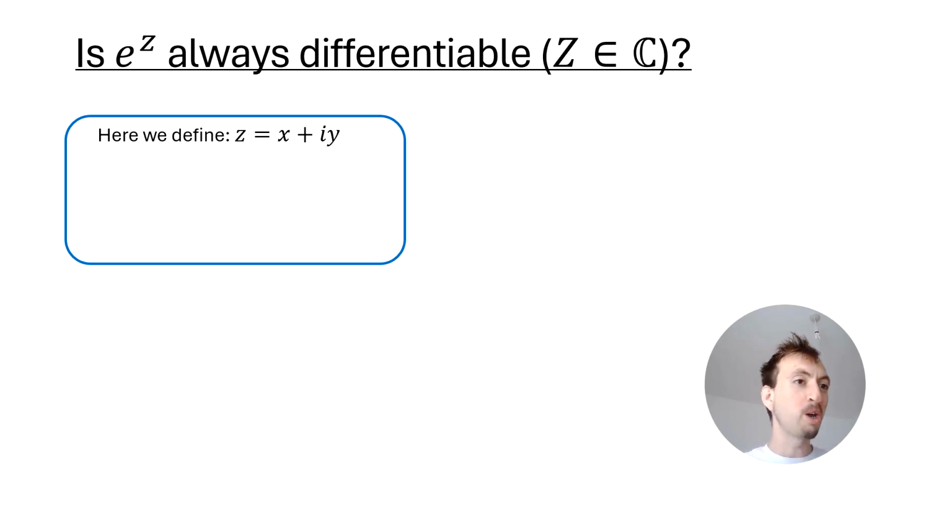Surely, that's the whole thing with e. e is about differentiability, so surely e to the z should be differentiable. However, when we move to the realm of e to the z, where z is a complex variable or complex number, things become much more nuanced, is probably the right word.